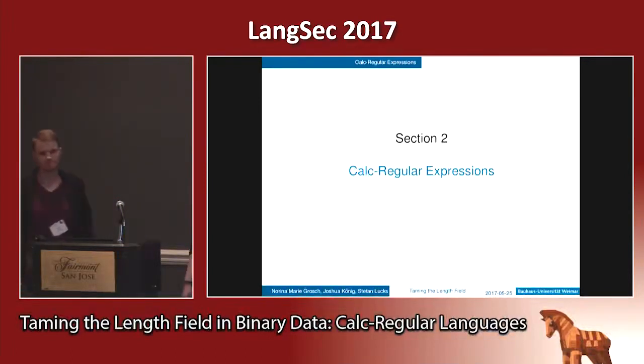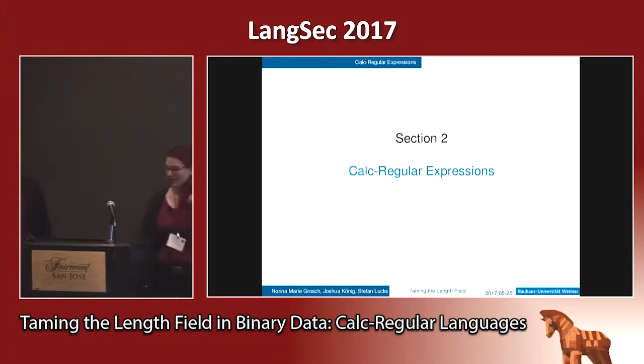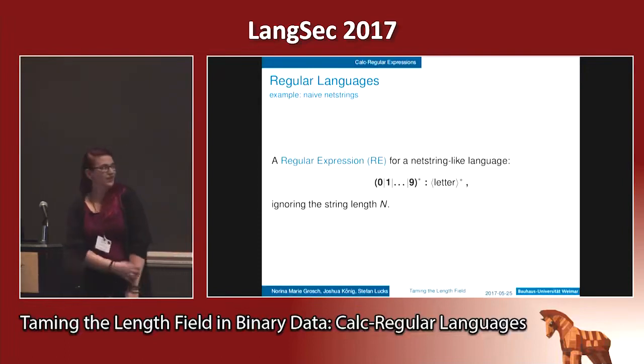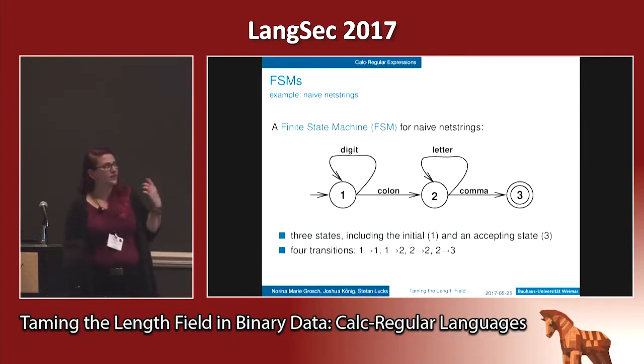Now we can take a closer look at our actual research. But at first, another recall of regular expressions. Regular languages can also be represented by regular expressions. Here, for example, is the expression for a naive net string, which doesn't take the relation between the length prefix and the letters into account. And this could be the finite state machine for this expression.